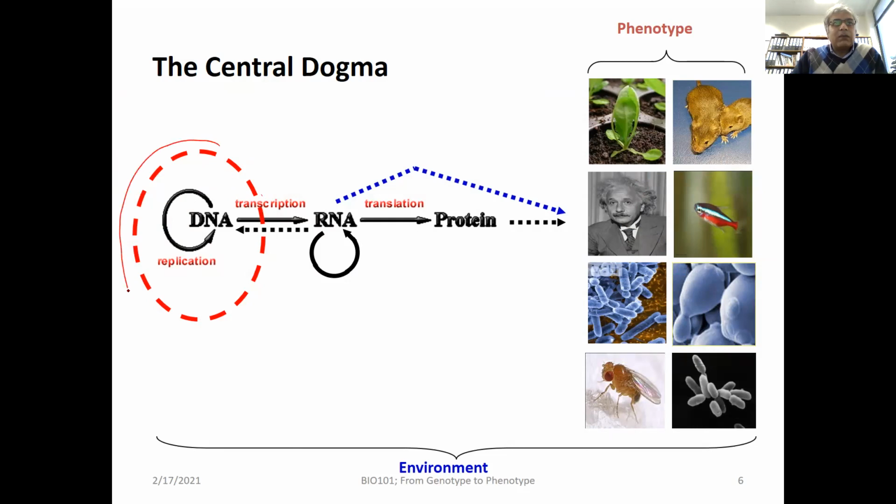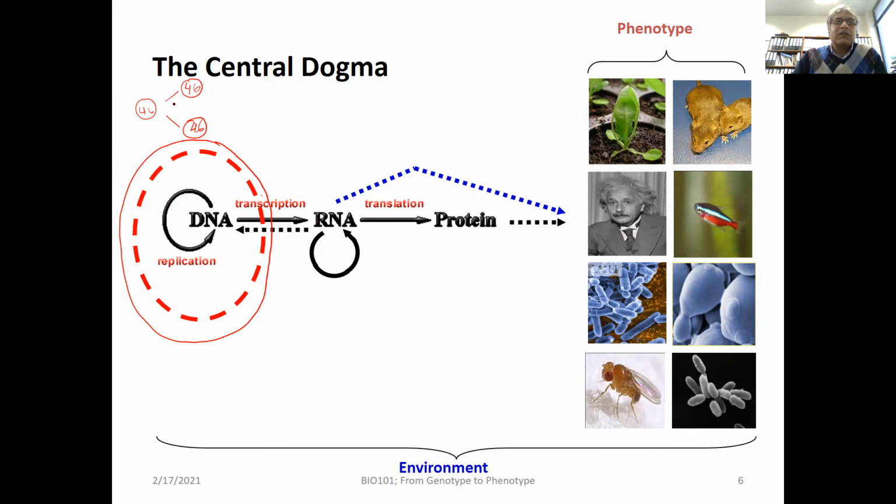DNA must replicate. I gave you the example of 46 chromosomes in a human cell, and if a single cell divides into two cells, these 46 chromosomes in the mother cell must be replicated in such a way that the two daughter cells have an identical number of chromosomes.